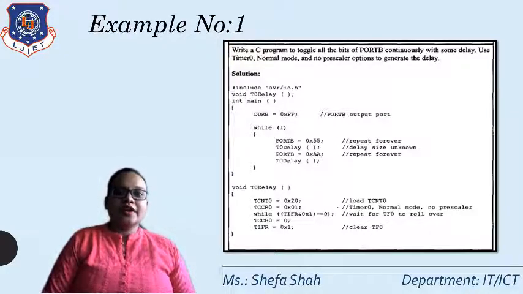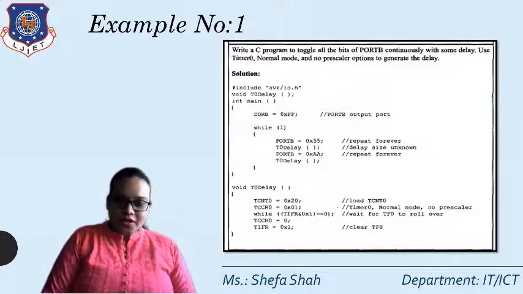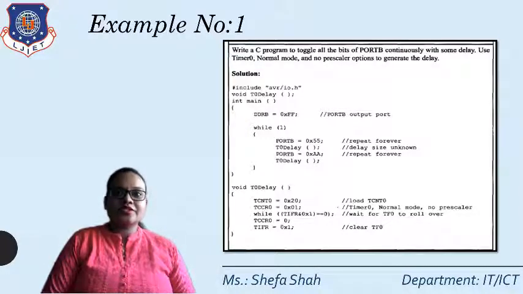Here we need to toggle all the bits of port B, so we need to include the input output library file of AVR. The first line is #include <avr/io.h>. Next is void T0Delay, the function discussed below after the main function.